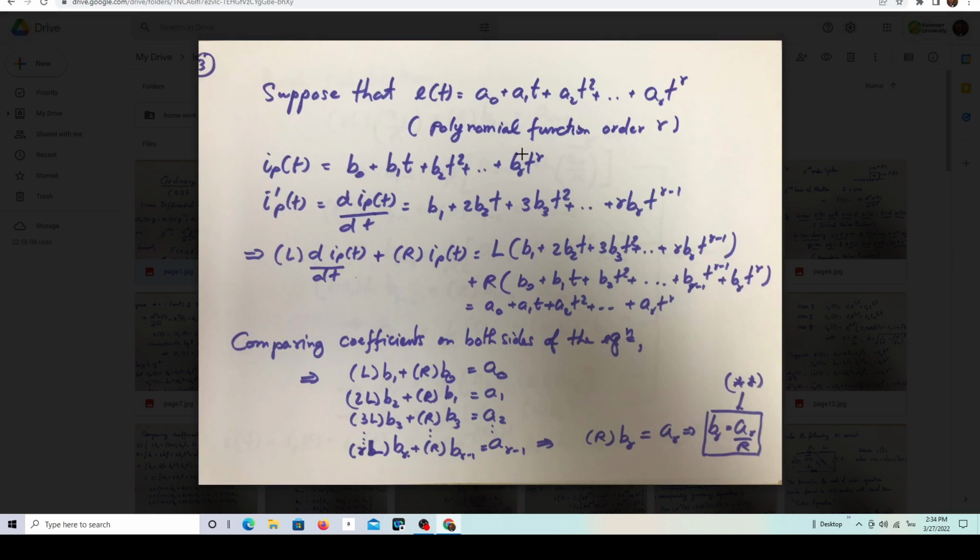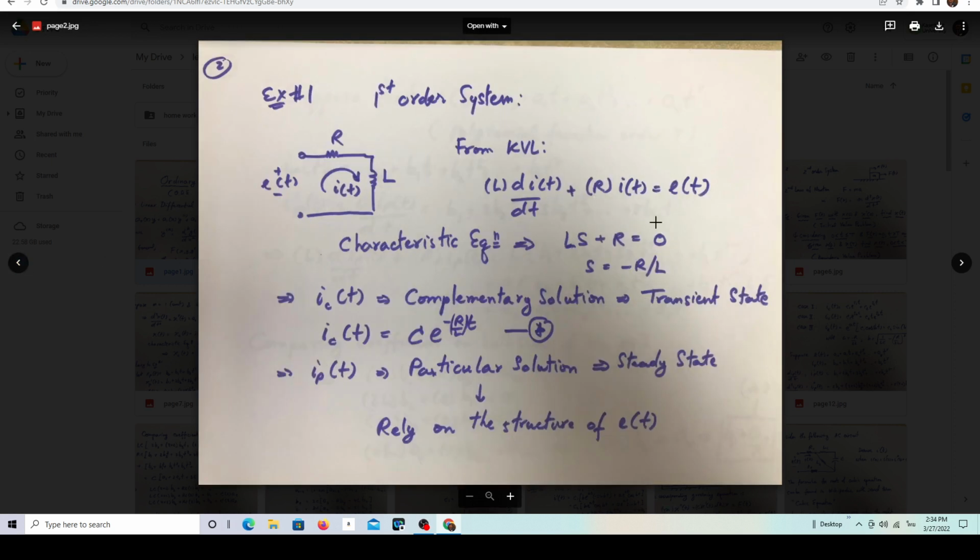It needs some transfer relationship to be found, and the relationship between b sub 0, b sub 1, b sub 2 up to b sub r and a sub 0, a sub 1, a sub 2 up to a sub r is determined by this differential equation.